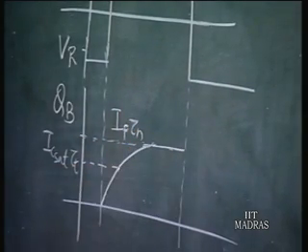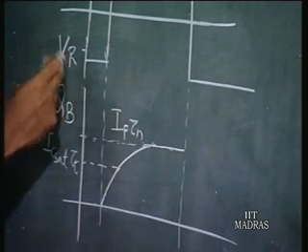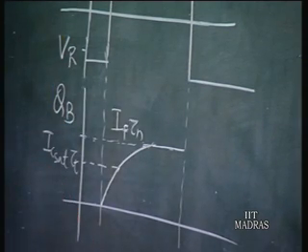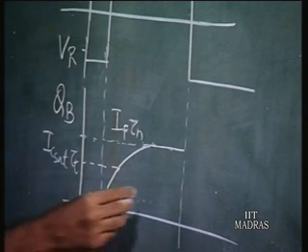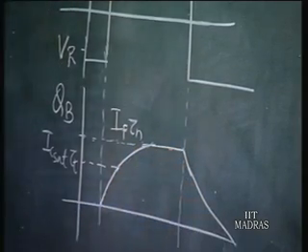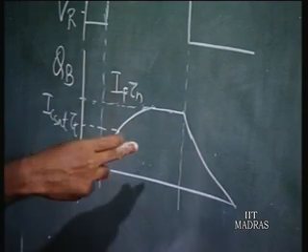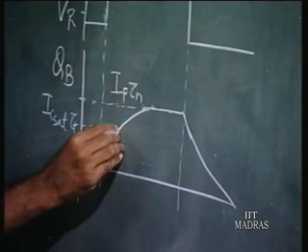Now you apply a reverse base voltage, there is going to be a reverse base current, and this charge is going to decay. So it goes down like this. You are pulling out charge, so this charge is going to decay.